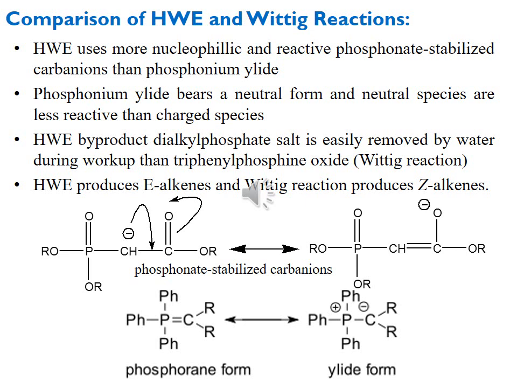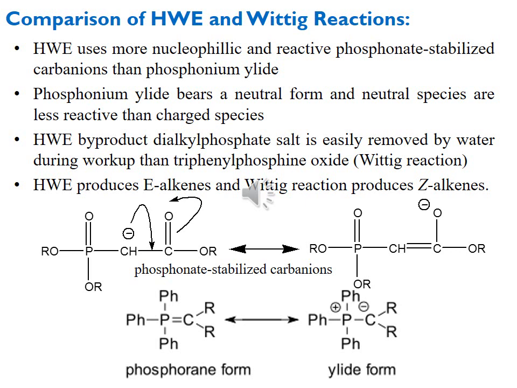aldehyde or ketone. The second case is that the HWE byproduct is a dialkyl phosphate salt, which is easily removed by water in the last step. But in the case of triphenylphosphine used in the Wittig reaction, we get the byproduct triphenylphosphine oxide, which has some problems during the workup process.